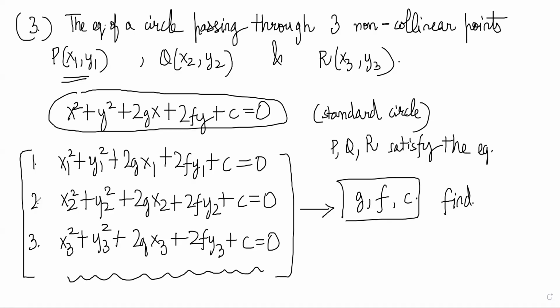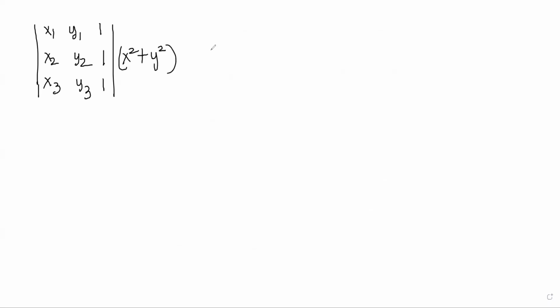So what I will tell you right now is the way to remember the equation of the circle passing through 3 points, right? So here, first of all, you will create a determinant: x1, y1, 1; x2, y2, 1; x3, y3, 1. This has to be multiplied with x square plus y square, plus. Now you will replace columns in this determinant one by one with C1, C2, C3. So I will tell you what C1, C2, C3 are.